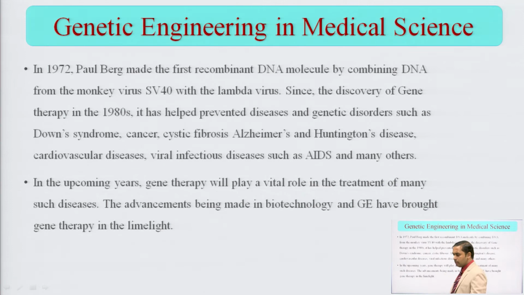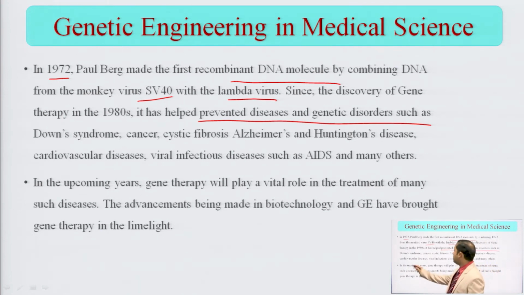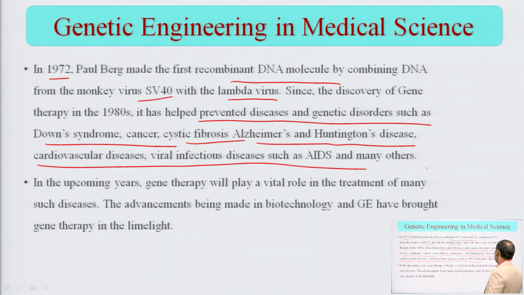Then also in 1972, Paul Berg made the first recombinant DNA molecule by combining the DNA from the monkey virus SV40 with the lambda virus. Since the discovery of gene therapy in 1980, it has helped prevent many diseases and genetic disorders like Down syndrome, cancer, cystic fibrosis, Alzheimer's disease, Huntington's disease, also various cardiovascular diseases and viral infections such as AIDS.